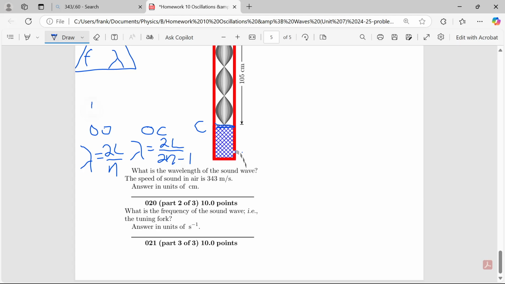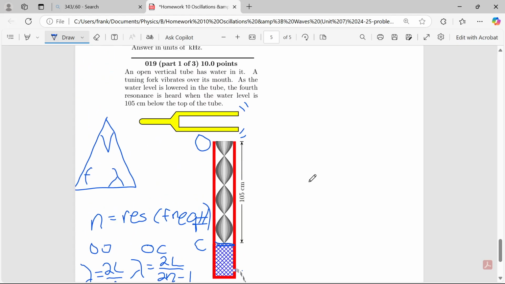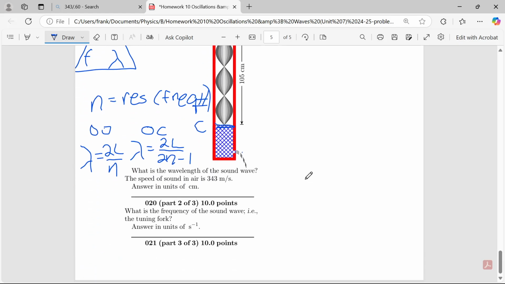And this is when N is the resonance or the frequency number. So in other words, it says up here, water level, the fourth resonance. So that's the frequency number.